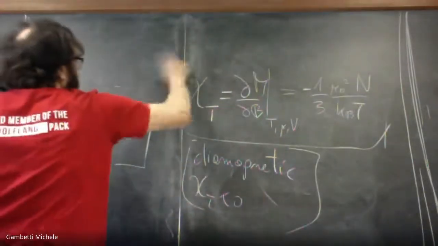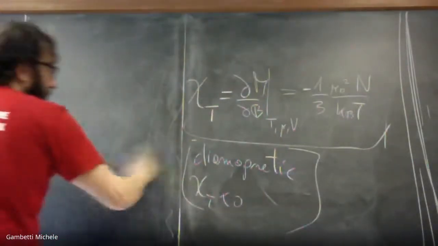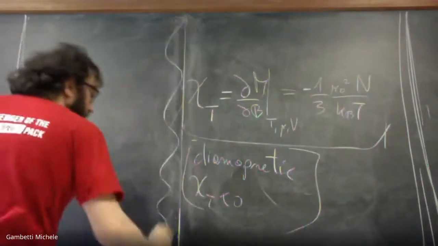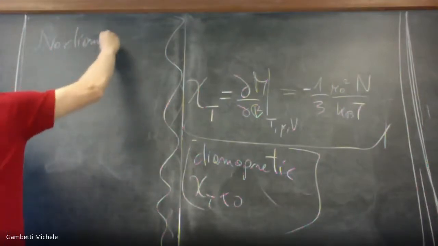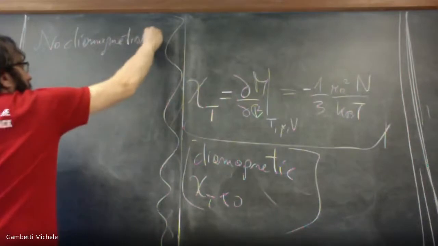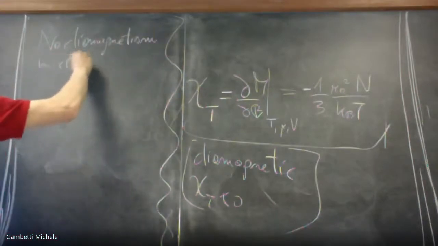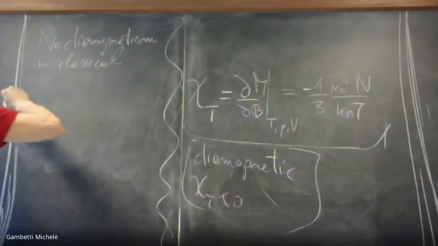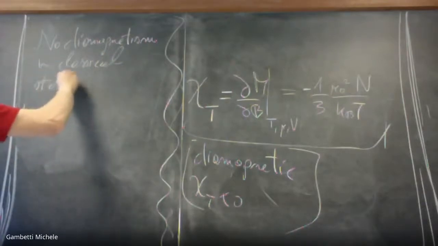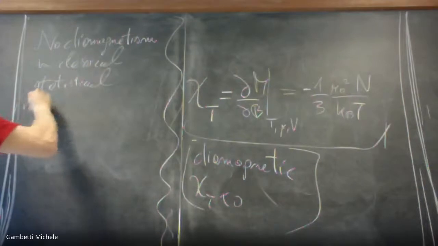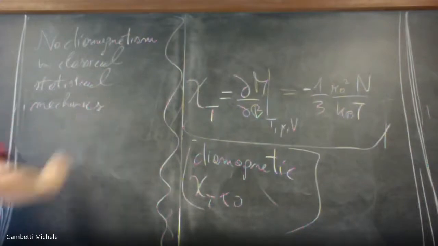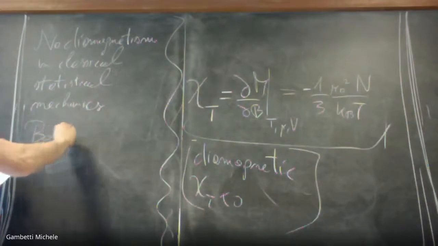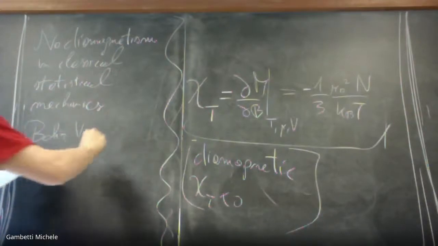Indeed, if you treat the problem classically, there is no such effect. In classical statistical mechanics, this is called the Bohr-van Leeuwen theorem.